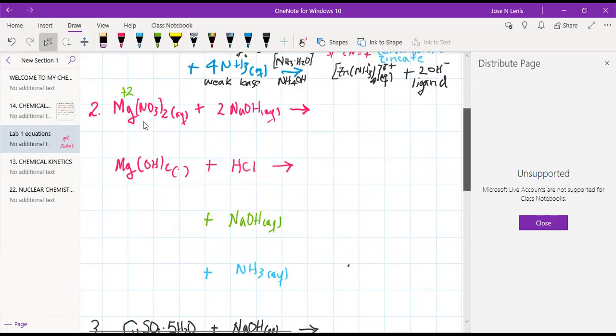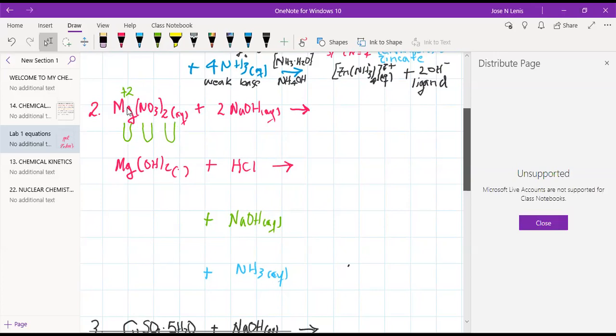First reaction. So we have this solution in 3 test tubes: 1, 2, 3. Each one has magnesium nitrate, which is an aqueous, colorless solution. All nitrates are soluble.